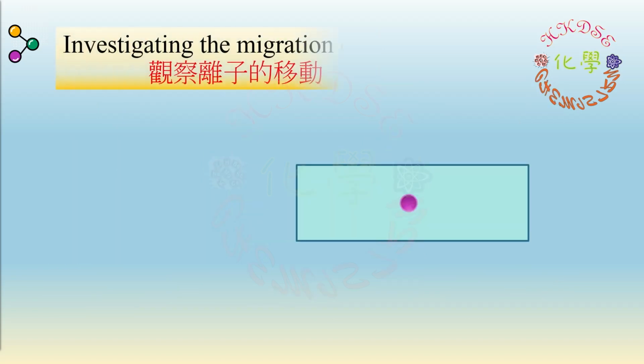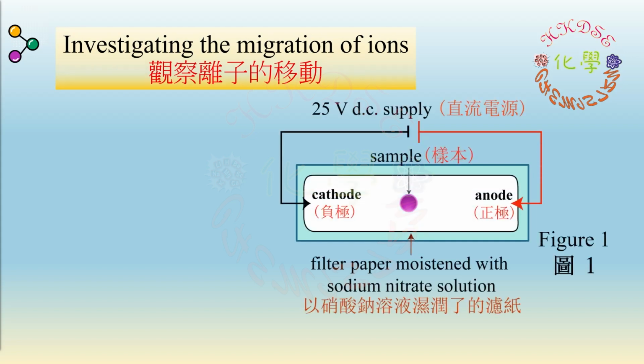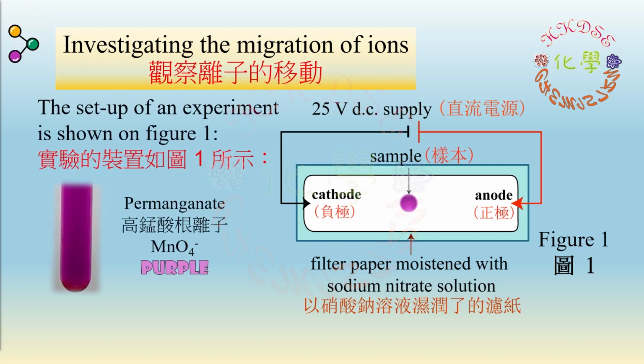A simpler way of investigating the migration of colored ions under the influence of an electric field is shown in Figure 1. To show the migration of purple permanganate ions under the influence of an electric field, we are using a strip of filter paper on a microscope slide.